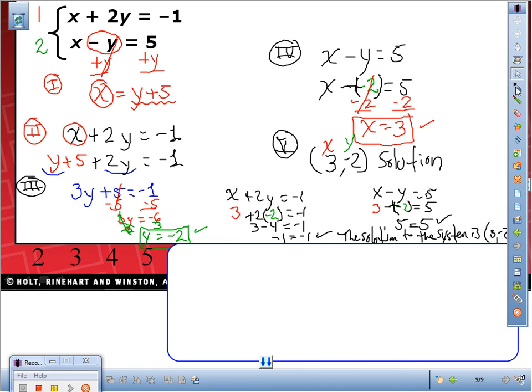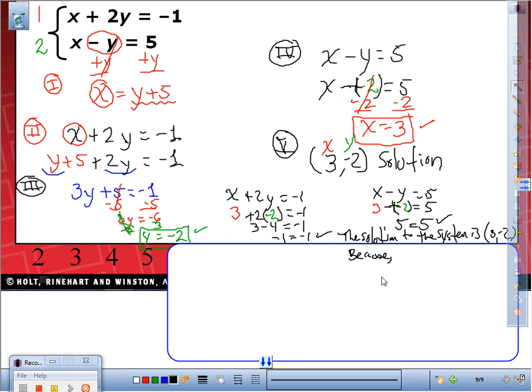Okay? However, why is it the solution? It makes both equations what? True. It makes both equations true.